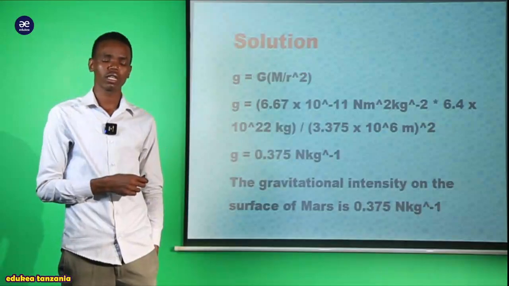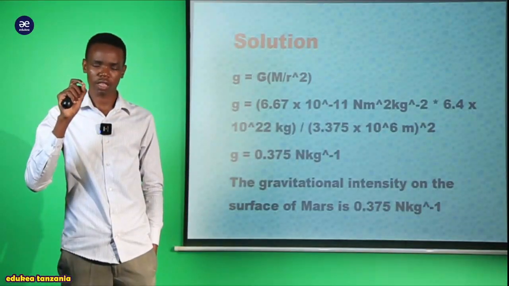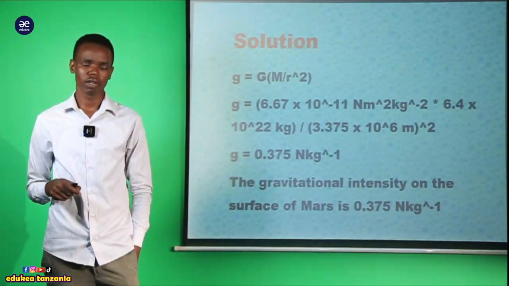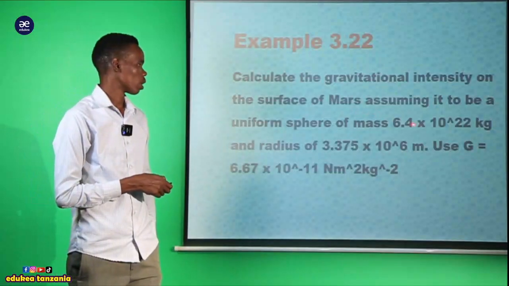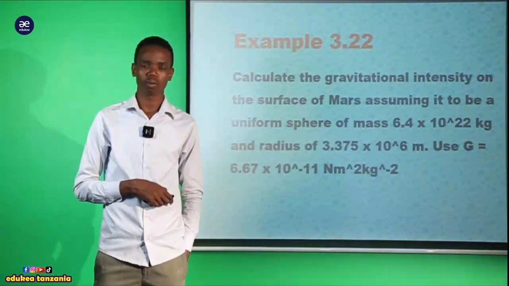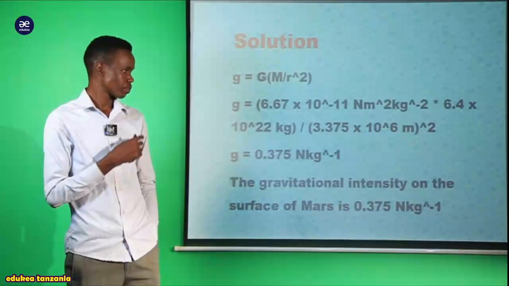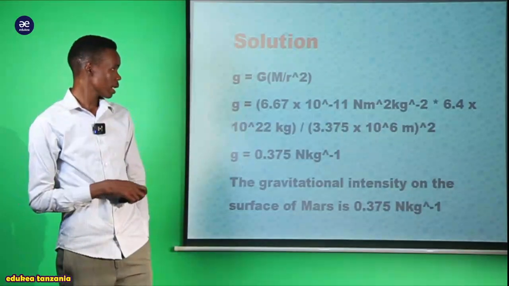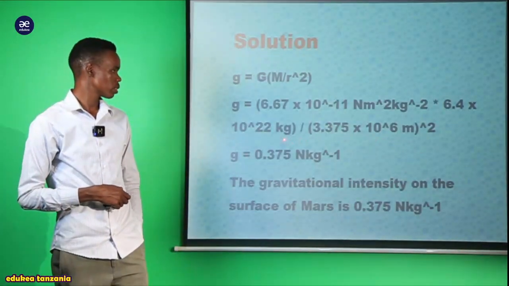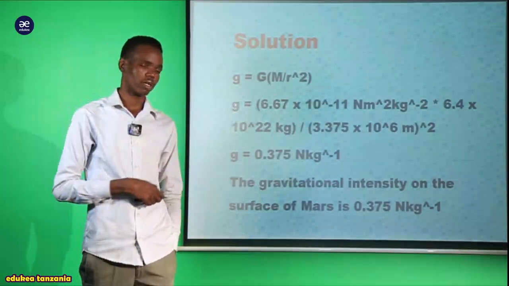This M represents the mass of the planet that we have been given, which is equal to 6.4 exponent 22 kg.